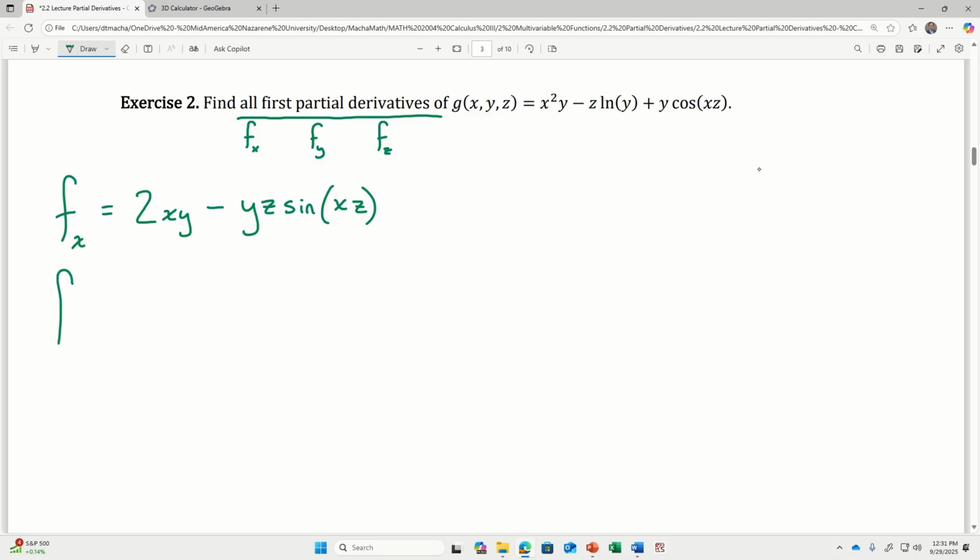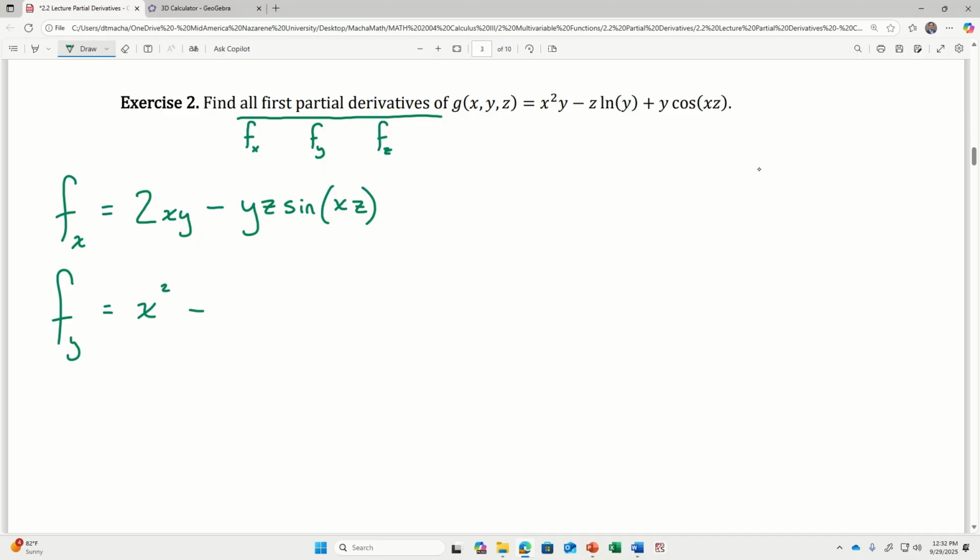What's the partial with respect to y now? First part would just be x squared. Minus z over y.